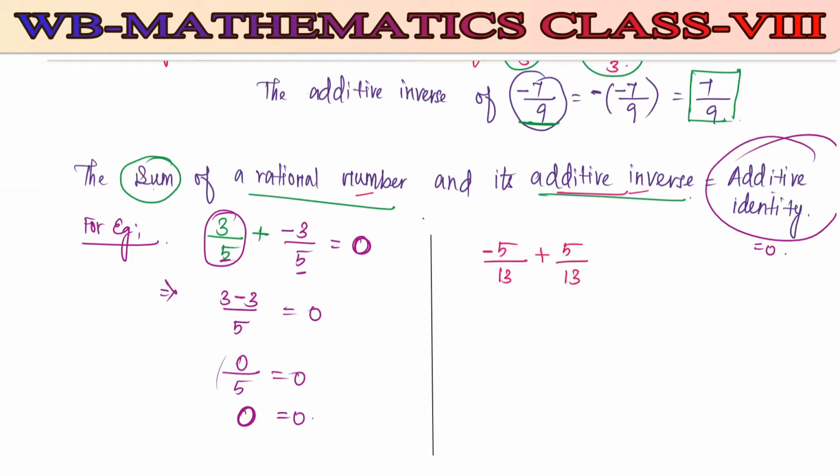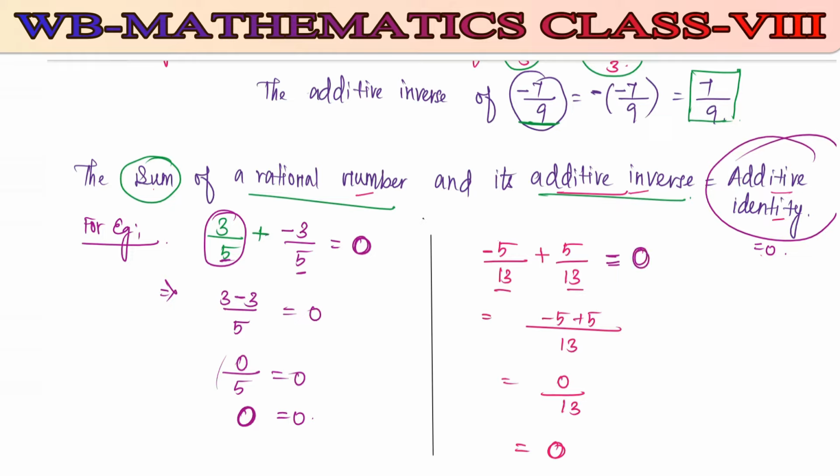The denominators are the same, so I write the denominator once: minus 5 plus 5 is 0 divided by 13, and 0 divided by 13 is 0. So finally, minus 5 by 13 is a number and its additive inverse is plus 5 divided by 13, and the resultant value is the additive identity, which is 0.